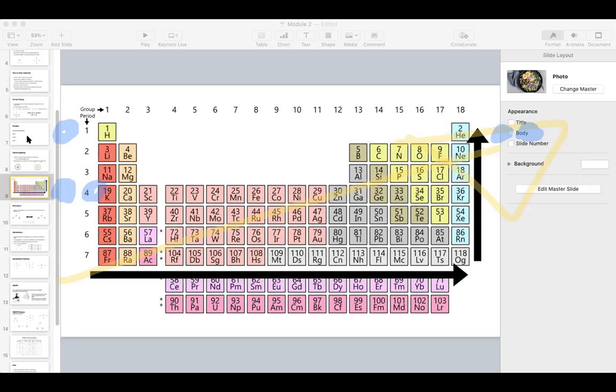Let me just double check that. Electronegativity. Let's see. So the electronegativity for lithium is 0.98. Then calcium shows up as 1.